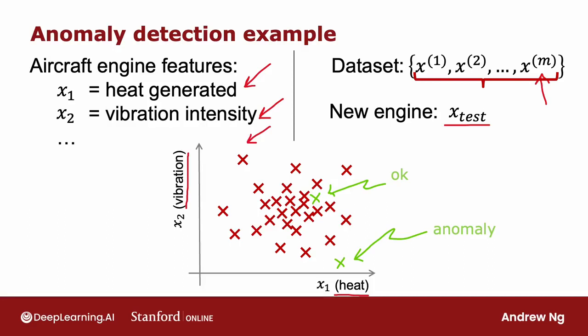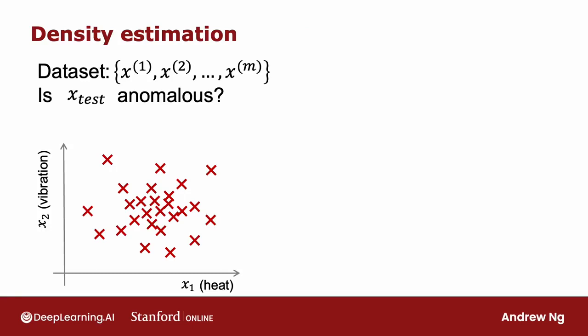How can you have an algorithm address this problem? The most common way to carry out anomaly detection is through a technique called density estimation.